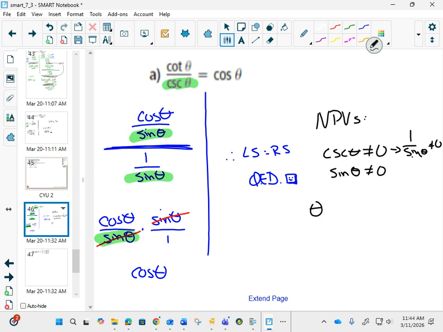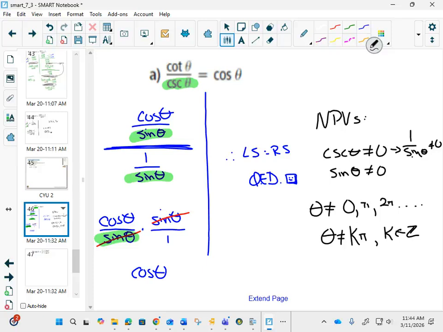Well, when is sine equal to 0 on your pi plate? 0, pi, 2 pi, and so on. In other words, how do we write this as all of them? There's your non-permissible values. You have to write all the coterminal ones of 0, pi and 2 pi. So that would be k pi, where k is an integer.